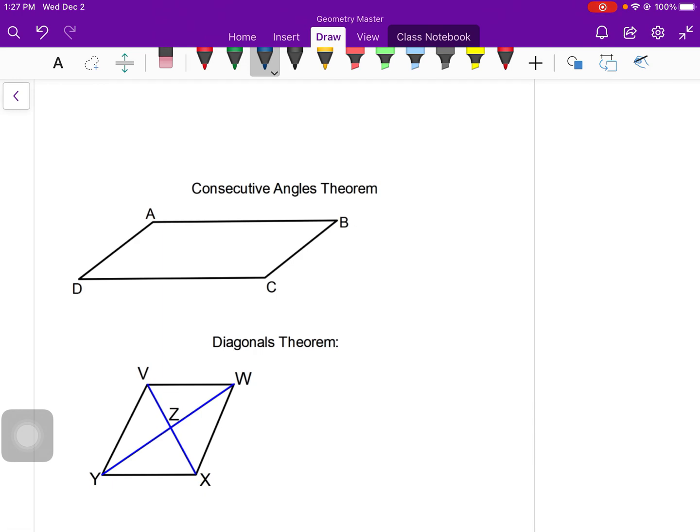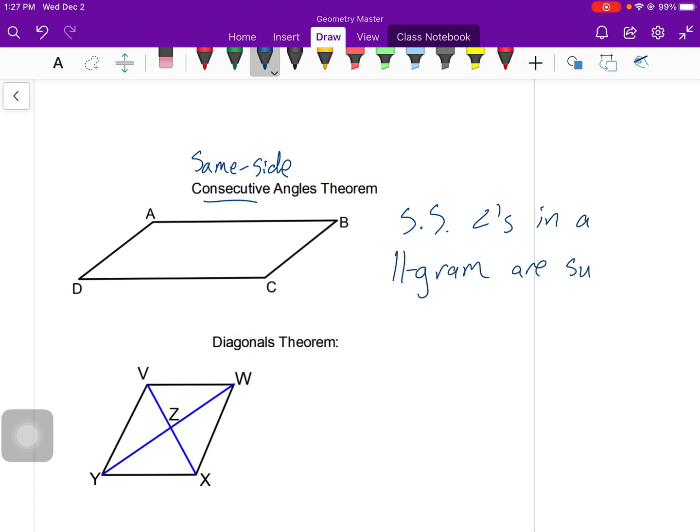Now these next two theorems are a little bit slightly different, but I feel like they're pretty useful. So consecutive angles theorem, we referred to consecutive interior angles before as same side angles. So same side angles theorem says that same side angles in a parallelogram are supplementary, not congruent.